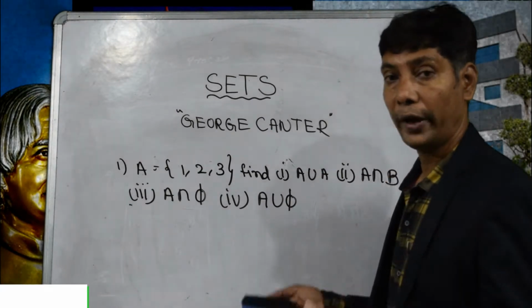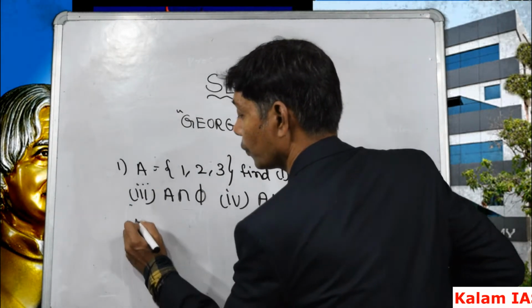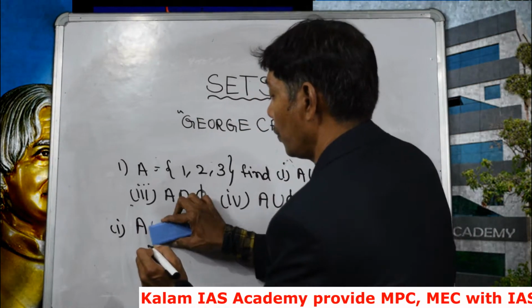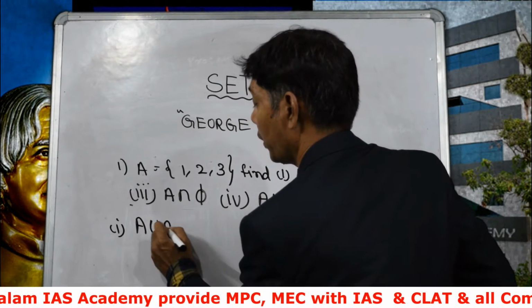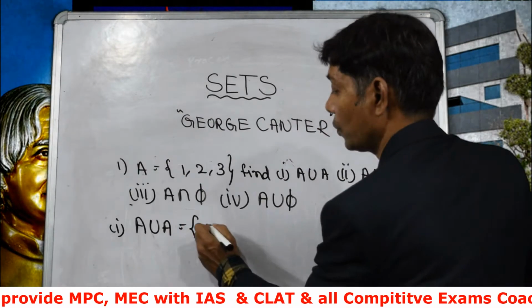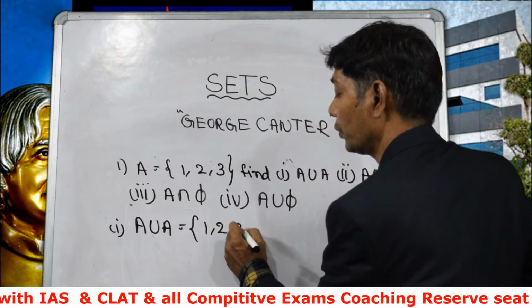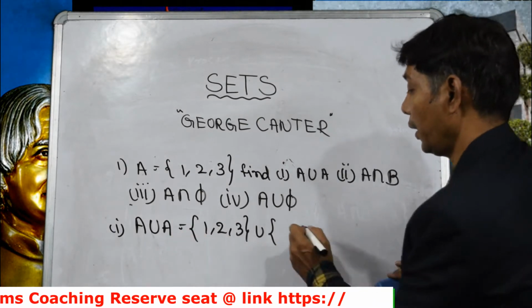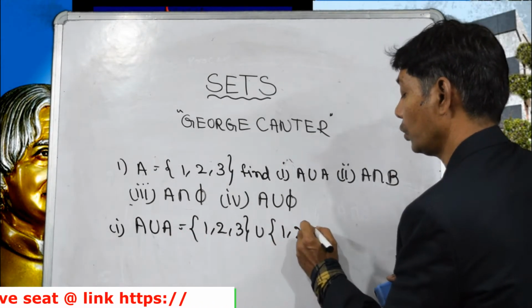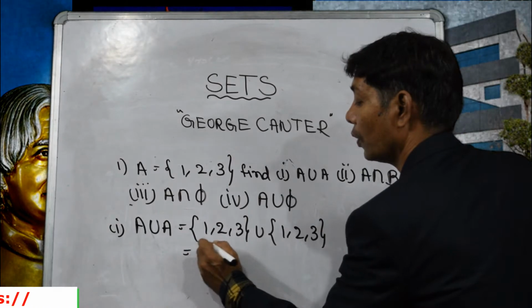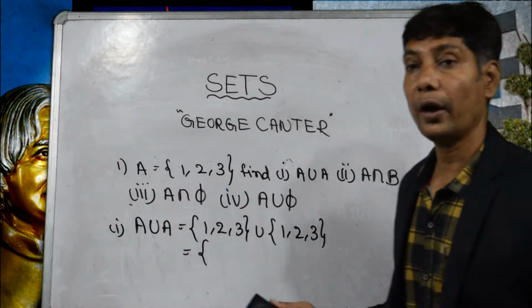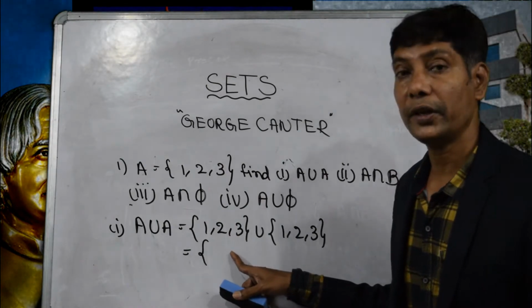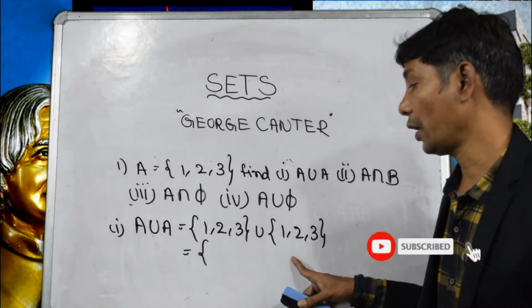How can we find out? First, the first one is A union A. A means 1, 2, 3, union A, again 1, 2, 3. In union, you have to write the elements present in A, and the elements present in A also.